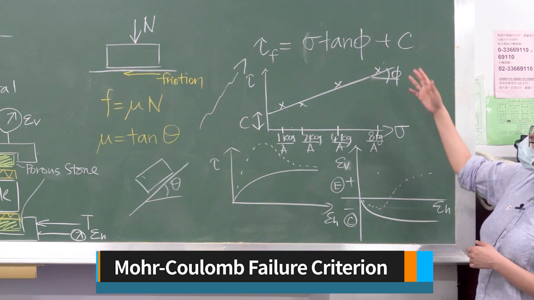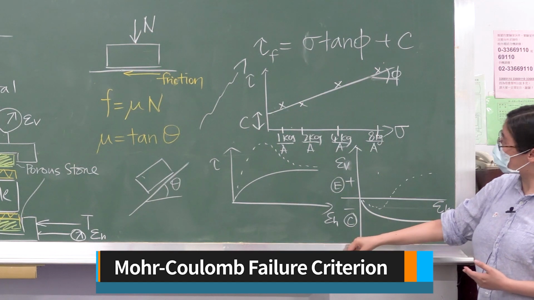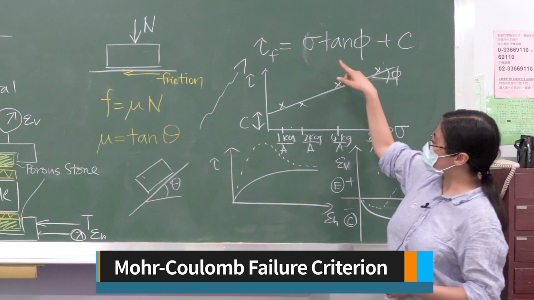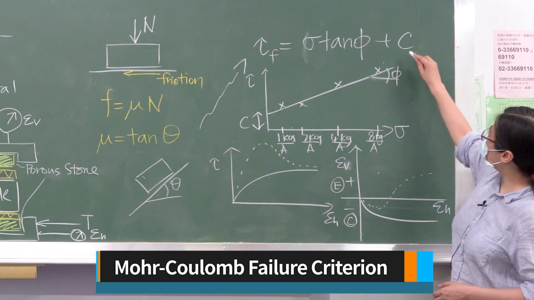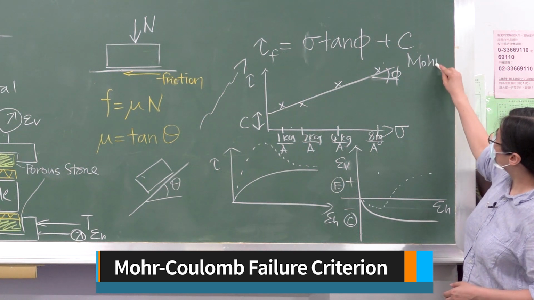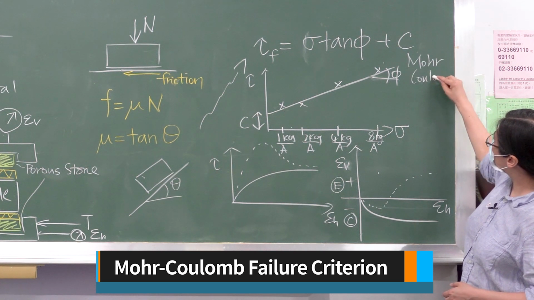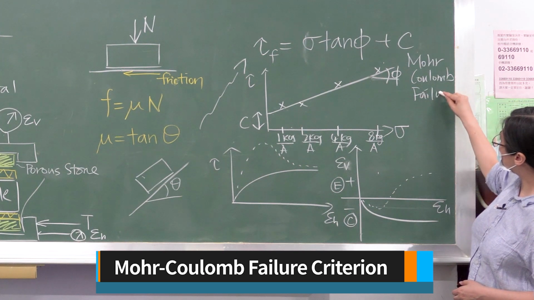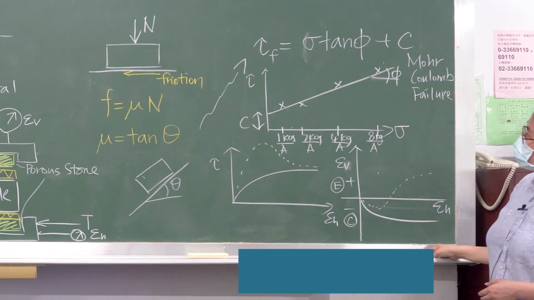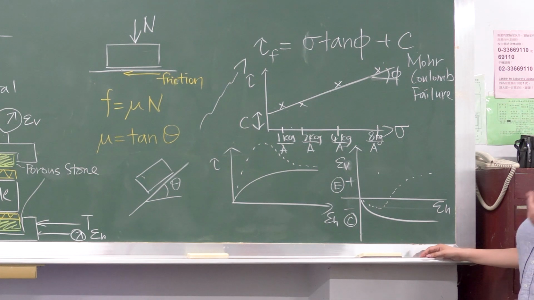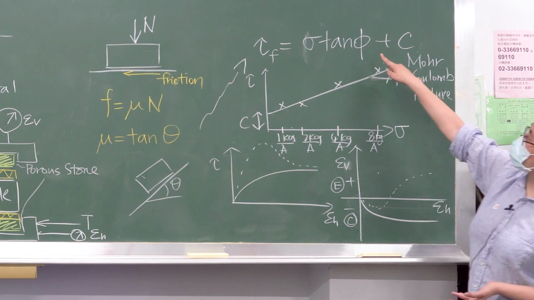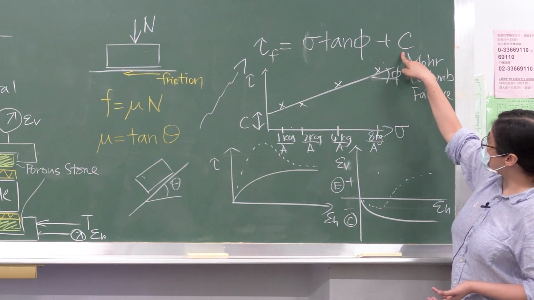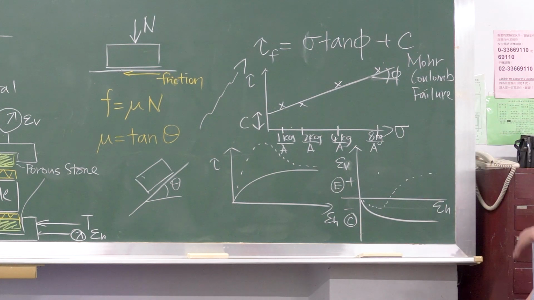If you remember from your soil mechanics class, this equation is basically the Mohr-Coulomb failure envelope. So that will be the equation that we are going to use to describe the shear stress, and friction angle and C will be the shear strength parameters.